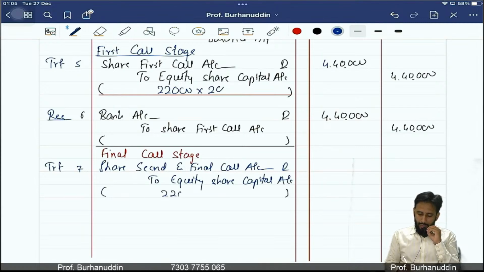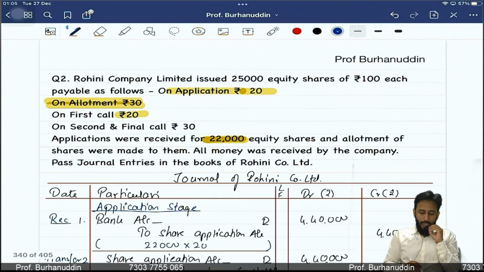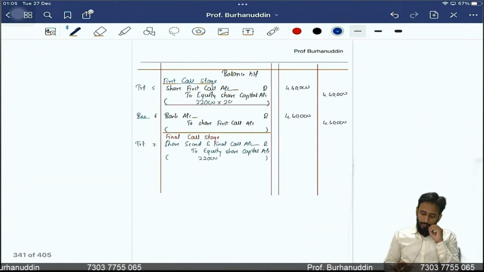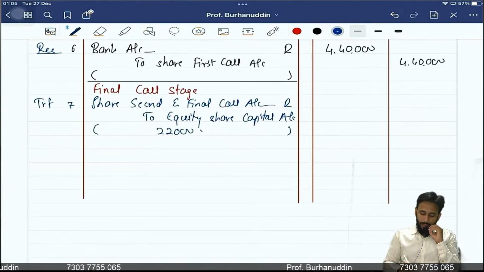I am having 22,000 shares, and on the final call I'm again receiving 30 rupees. Things have become very simple for us.